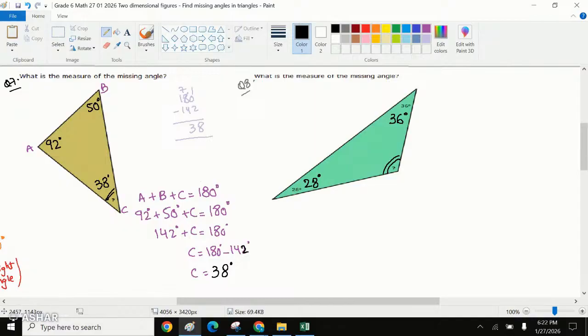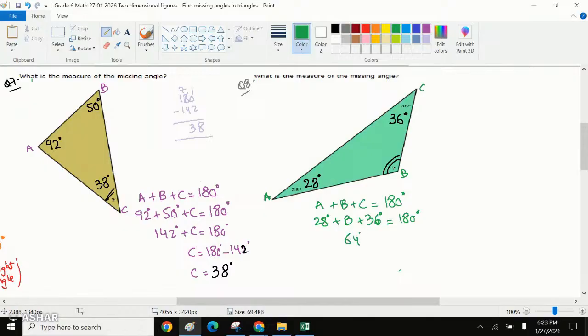So moving ahead to question number 8, what we can say is, better is to label, right? We say A, B, and C. So we can say that A plus B plus C would always be equal to 180. A was given as 28, B was missing, plus C, that is 36, should be equals to 180. 28 plus 36 is, 28 plus 30 is 58, plus 6 would be 64.